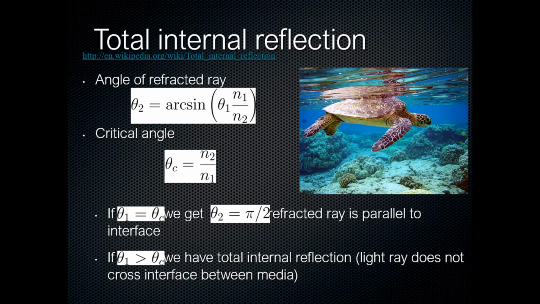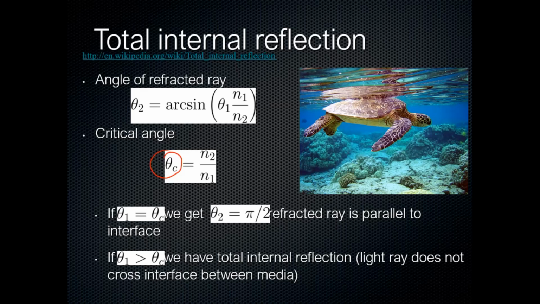So we have a critical angle, theta c, which is when theta 2 is equal to pi over 2.